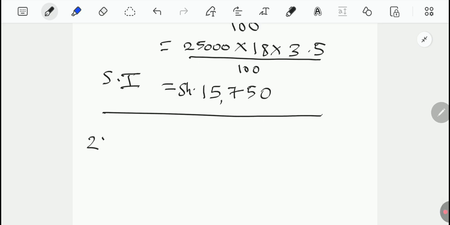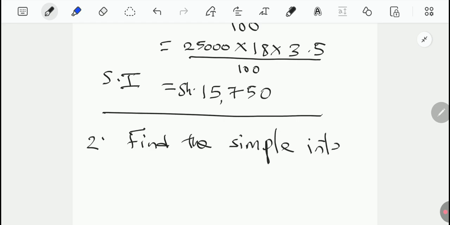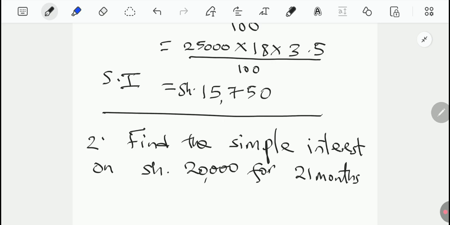Now, let's do the second example. Find the simple interest on shillings 20,000 for 21 months at 1.5% per month.